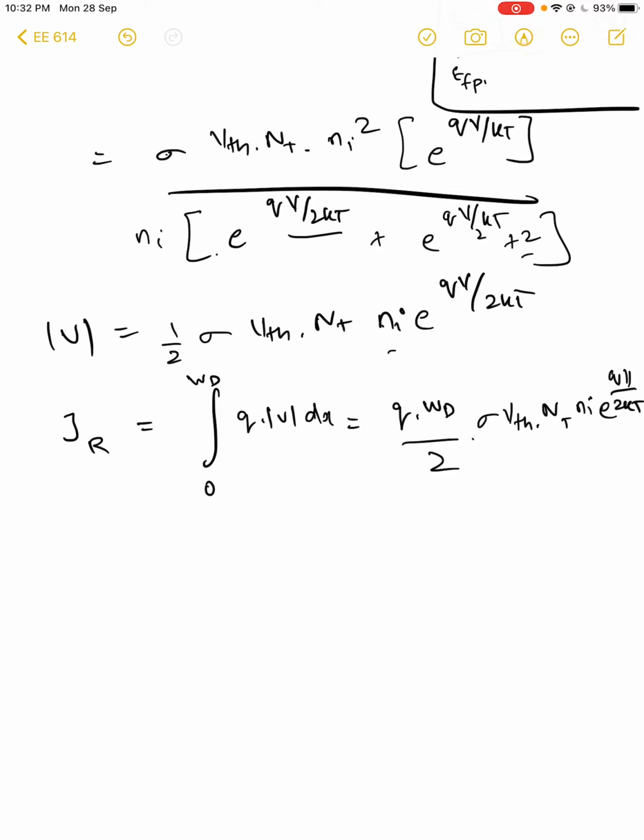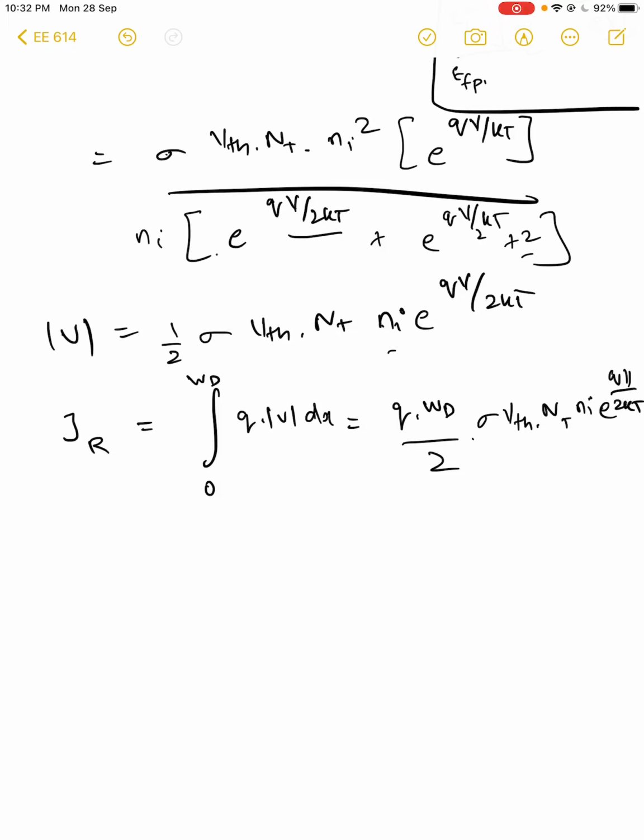However, you see that there are a lot of gross assumptions here, in the sense that I have made this recombination rate constant across the entire depletion width.